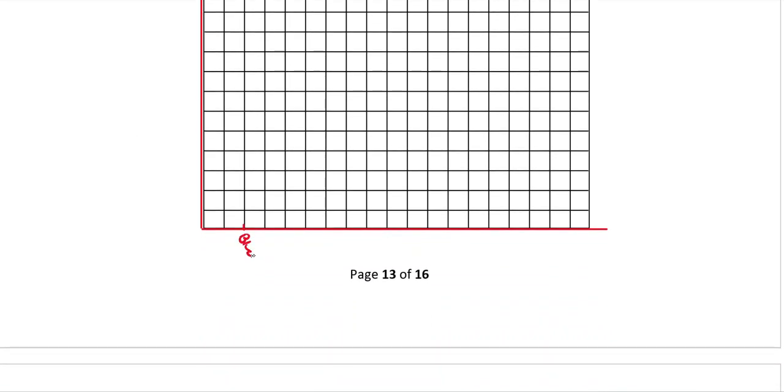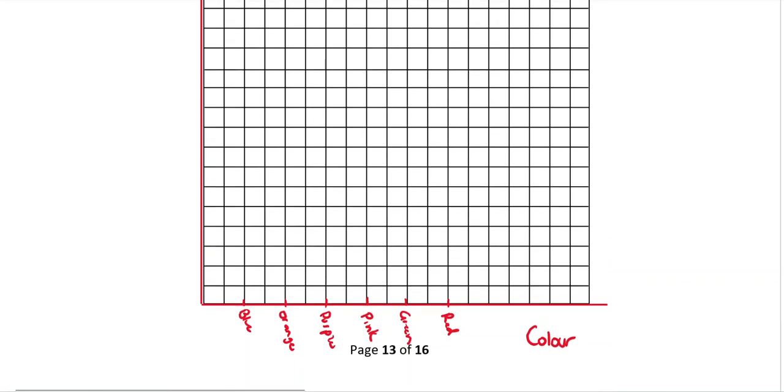So we've got blue, orange, purple, pink, green, and red. This is the color. Have to label that. On the vertical one, we have the frequency, so F for frequency.